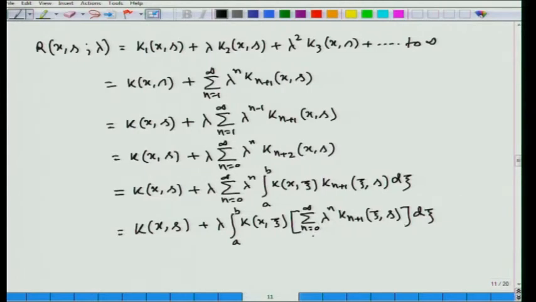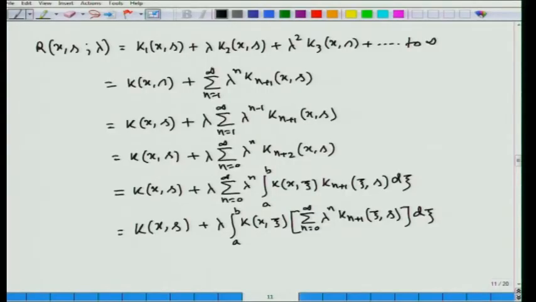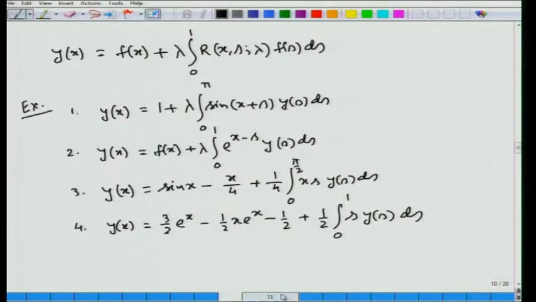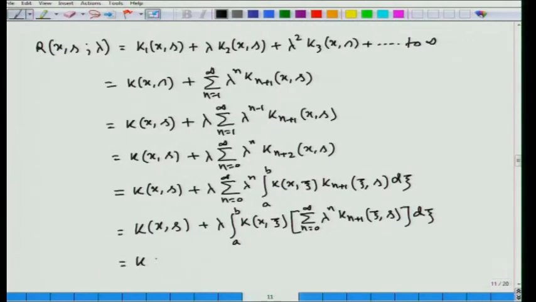Now, this sum over n from 0 to infinity of lambda to the power n K_(n+1)(xi, s) is nothing but our resolvent kernel written in terms of xi and s. Therefore, we can write this as K(x, s) plus lambda integral a to b K(x, xi) R(xi, s; lambda) d xi.